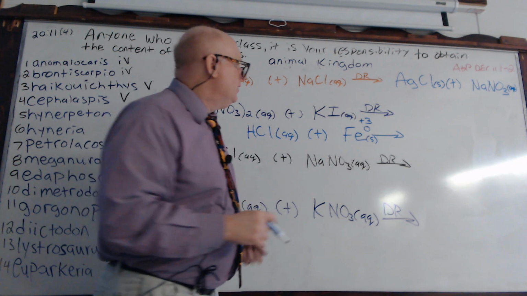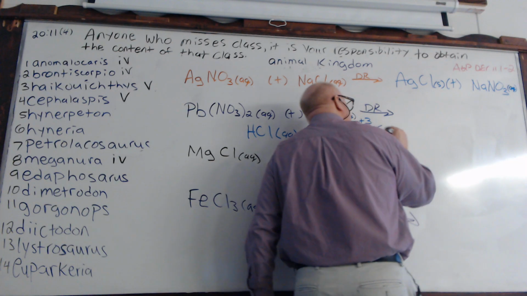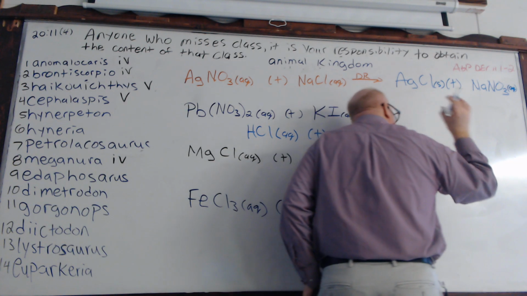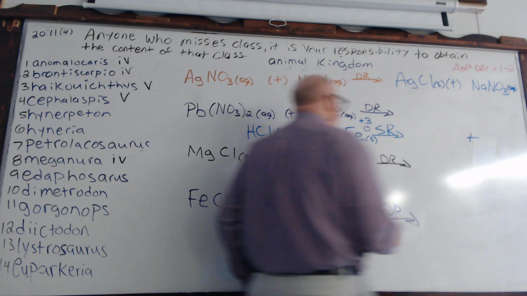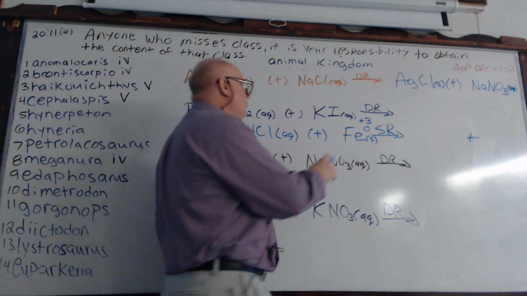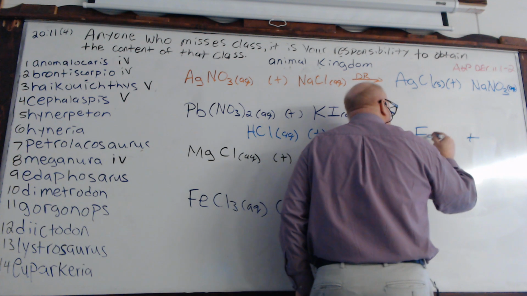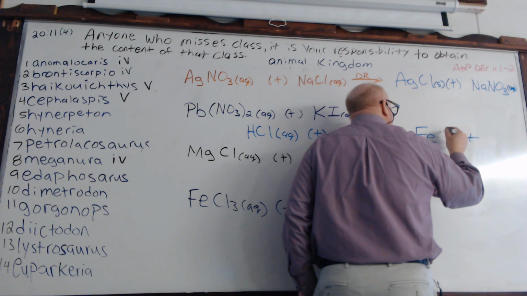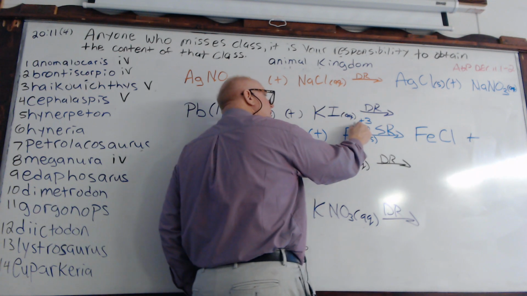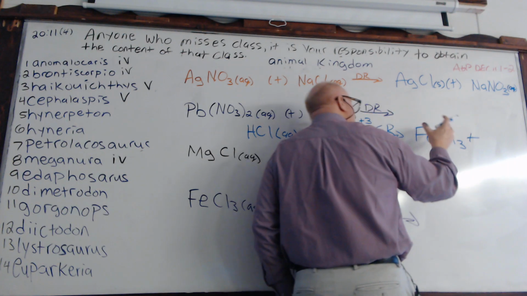So then once we add that to this side in our single replacement reaction, what is going to happen on this side? Now we've got our replacement: iron will replace the hydrogen, but this is why that 3 was important. There's 3 chlorines here. And then what is left over then?